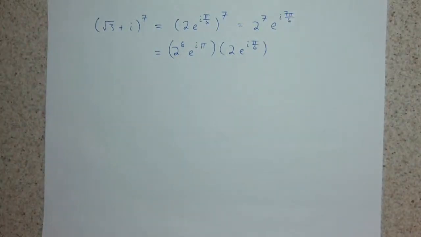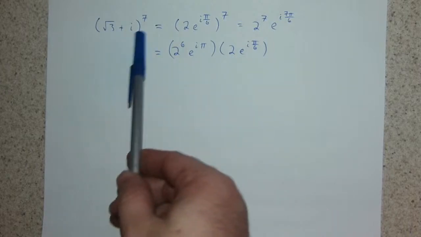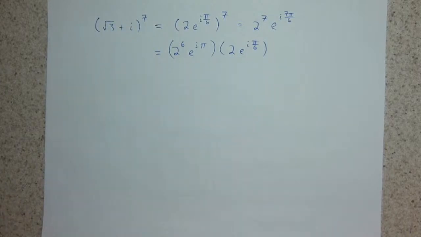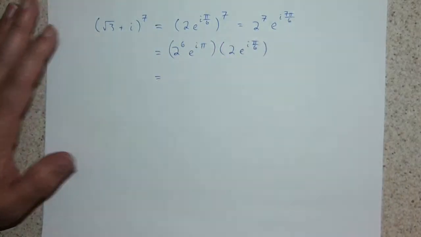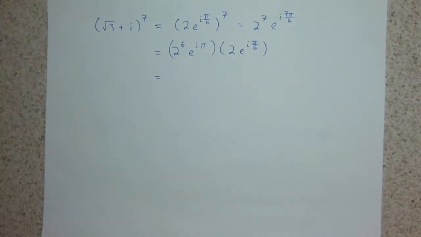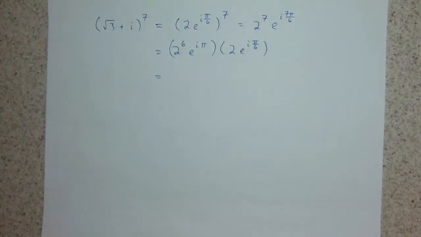Now, why did I do that? It's because I already know the rectangular form for this. This is square root of 3 plus i. That's the thing I started with, right? And so what I have left here is pretty easy to handle. e to the i pi is minus 1, and 2 to the 6 is, so 2 to the 5 is 32, so 2 to the 6 is 64.